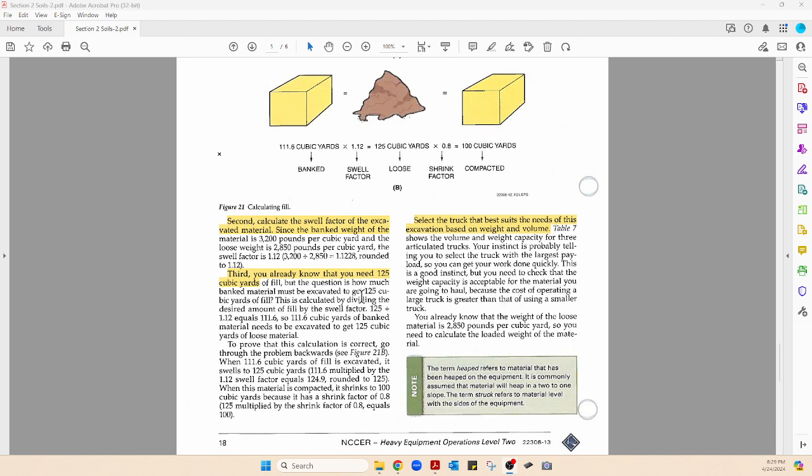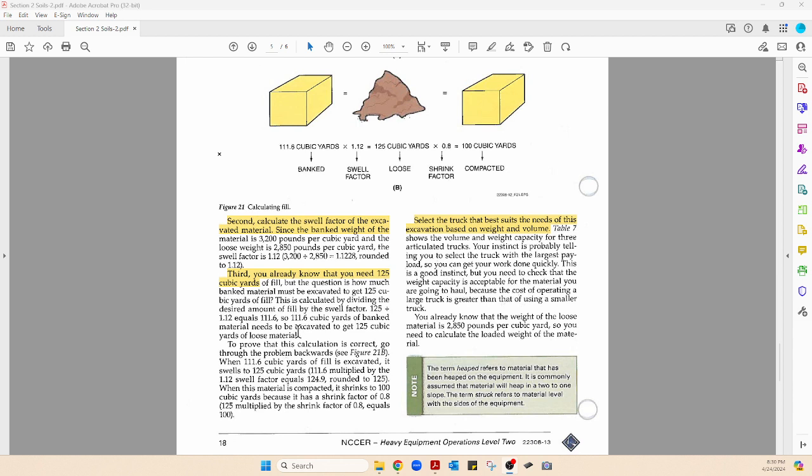This is calculated by dividing the desired amount of fill, 125, by the swell factor. So 125 divided by the swell factor equals 111.6. So 111.6 cubic yards of bank material needs to be excavated to get 125 cubic yards of loose material.